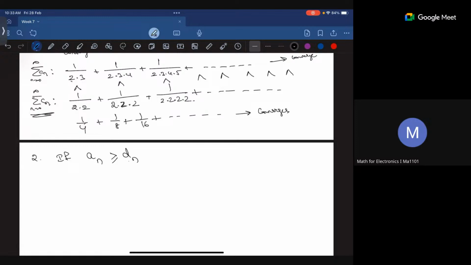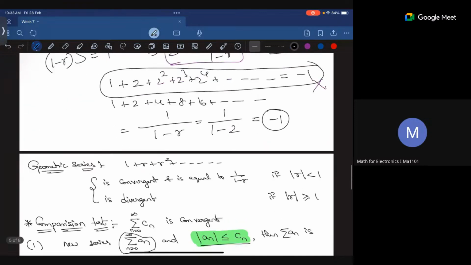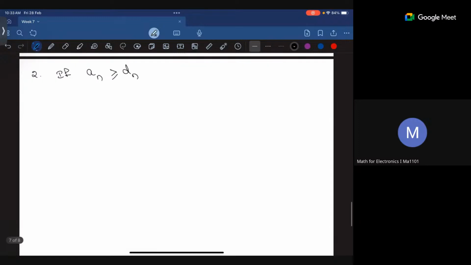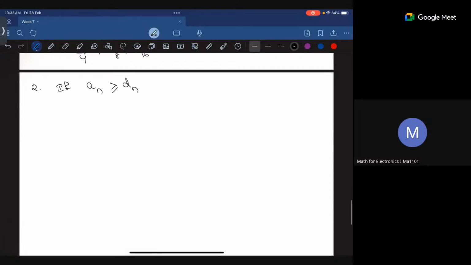Now you have to construct another geometric series which is divergent. We can construct a geometric series which is divergent, right? Your r must be greater than or equal to 1. So now what you have to do is come up with a divergent geometric series such that all your terms in the series an should be greater than or equal to dn. Then an diverges if dn diverges.